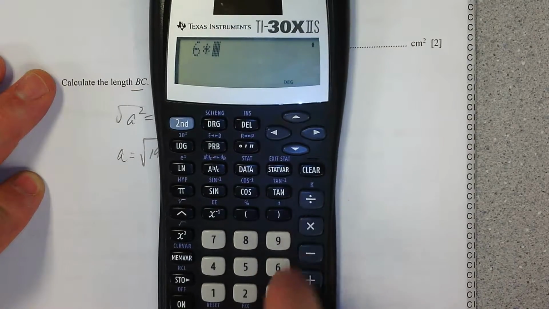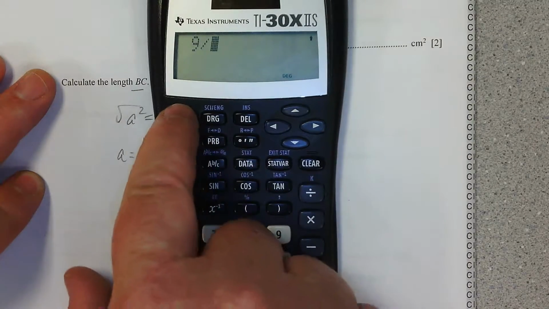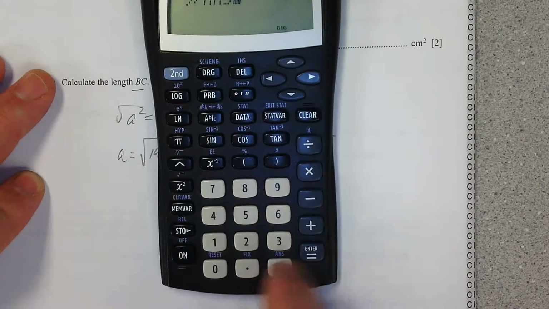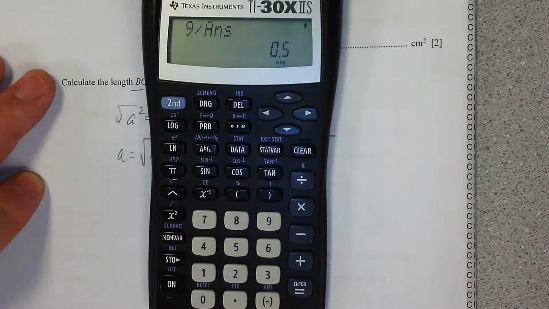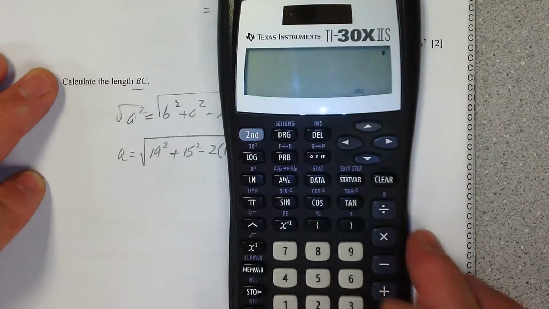So 6 times 3 is 18, right? So I could do 9 divided by second answer, and it has that 18 in memory. That's how that works. So 15 squared plus 19 squared.